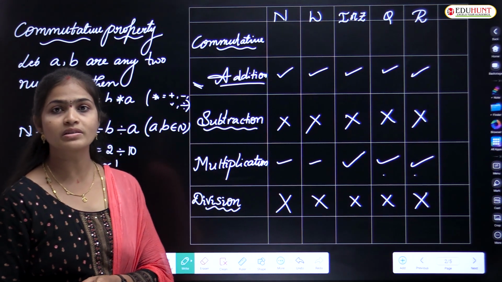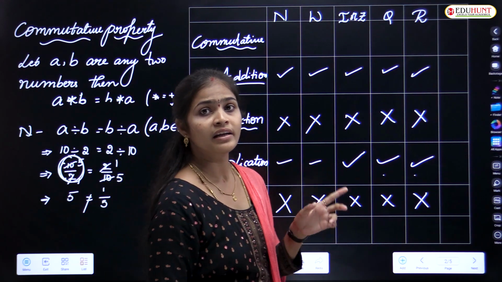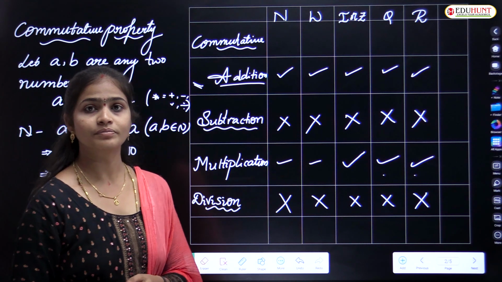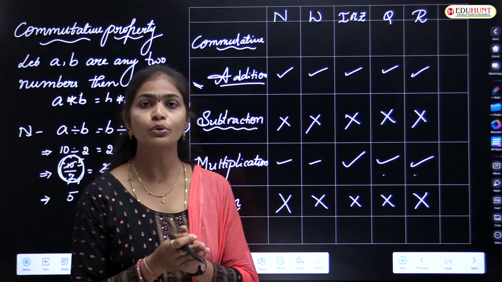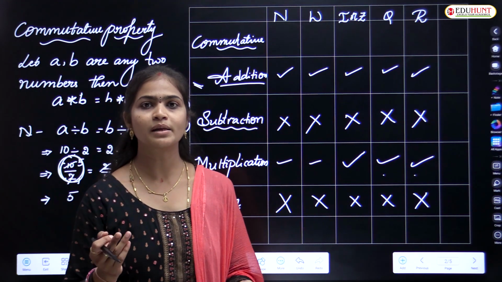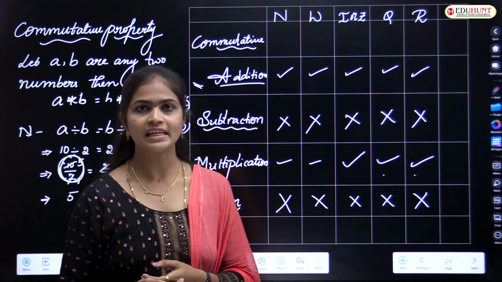Commutative property does not hold under division and subtraction. Now, natural numbers are commutative under dash. This type of question will also come. Addition, subtraction, multiplication, division. So which option is correct? Yes, addition and multiplication.